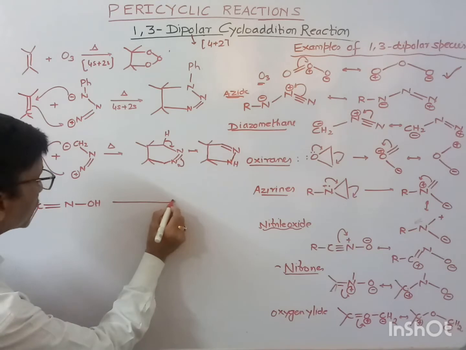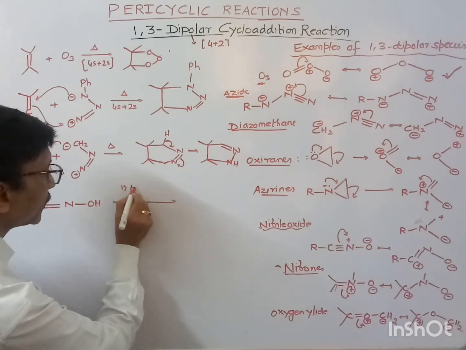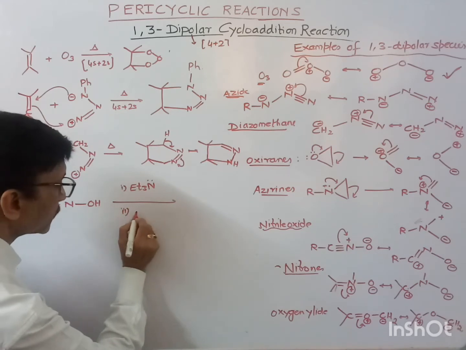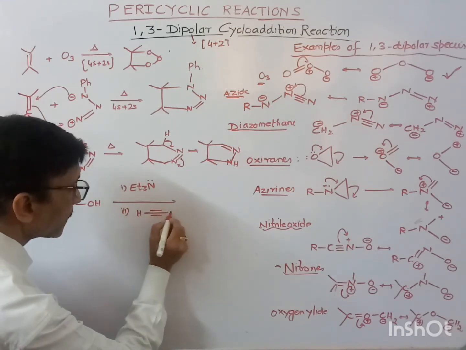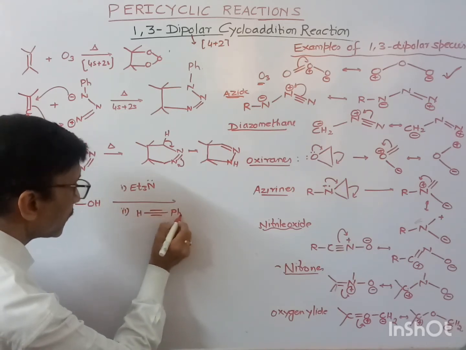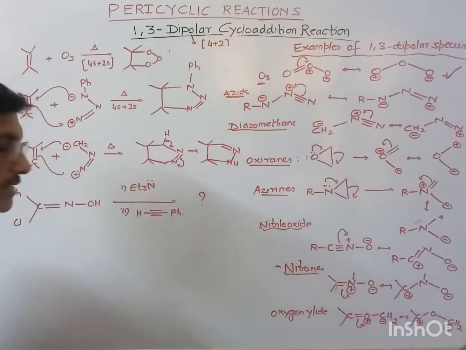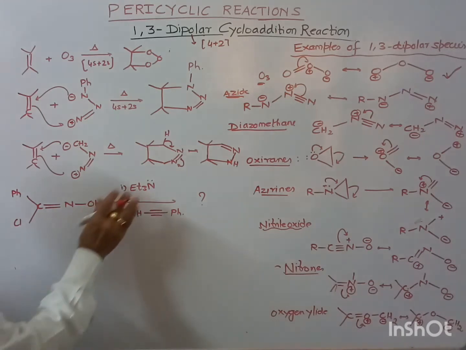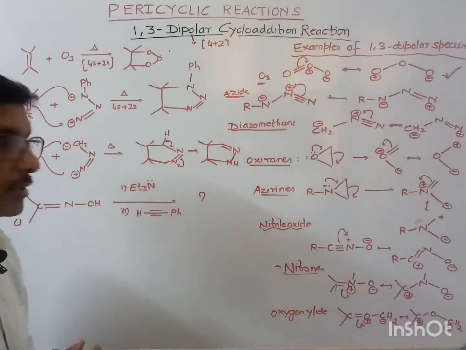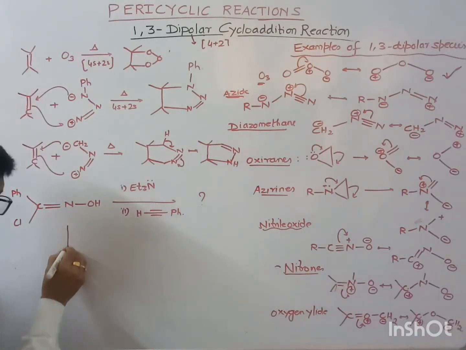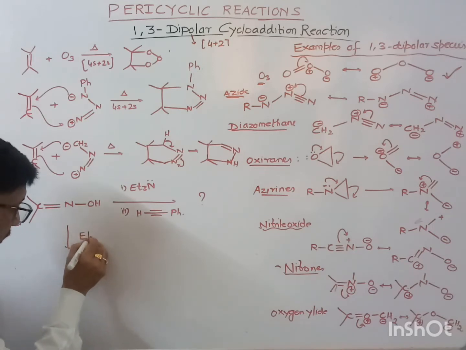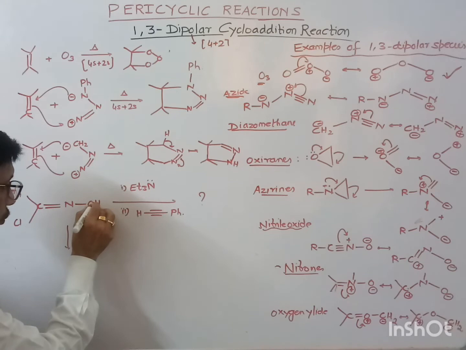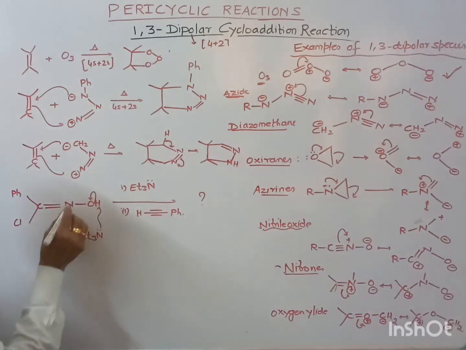So let us see the next example. What should be the product in this case? In the first step, one of the 1,3 dipole species would be formed. In the presence of triethylamine, being a base, it will take this proton, and we have a negative charge over here.